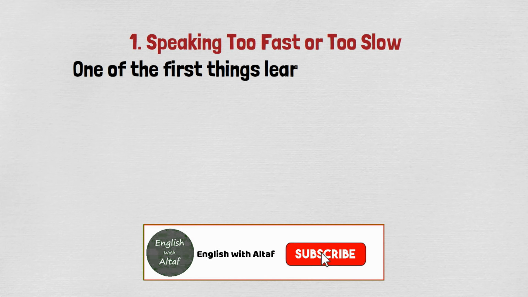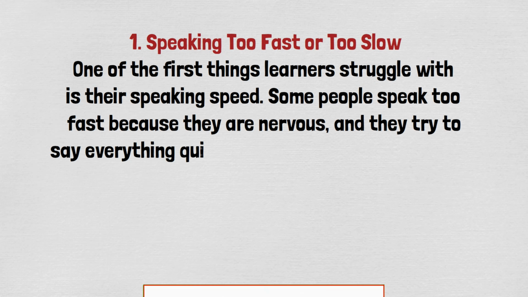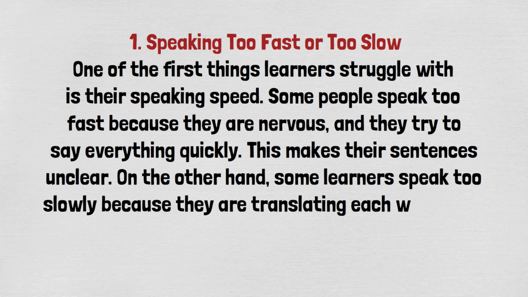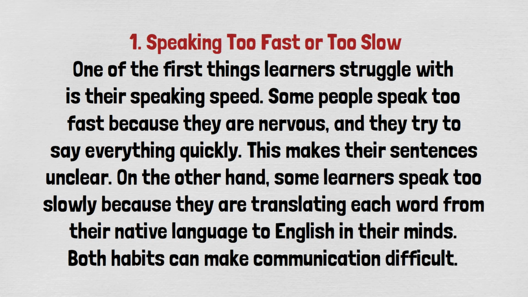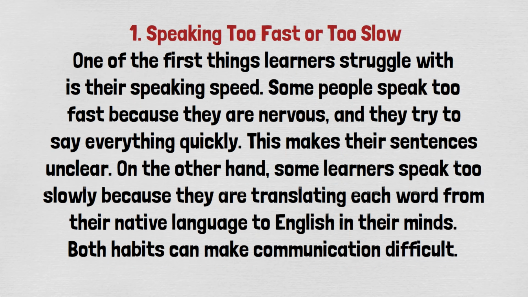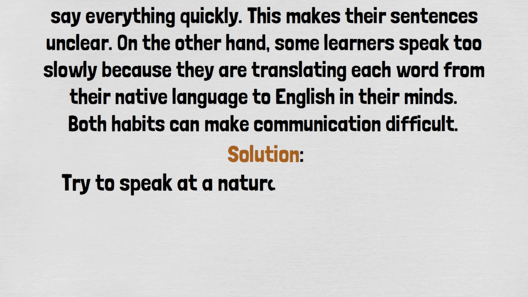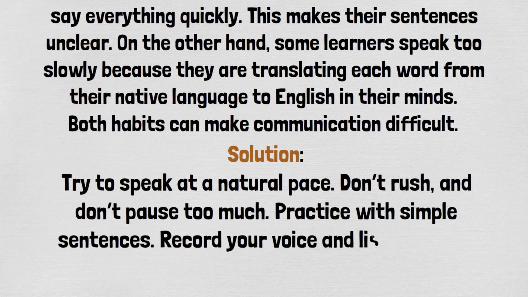1. Speaking too fast or too slow. One of the first things learners struggle with is their speaking speed. Some people speak too fast because they are nervous and they try to say everything quickly. This makes their sentences unclear. On the other hand, some learners speak too slowly because they are translating each word from their native language to English in their minds.